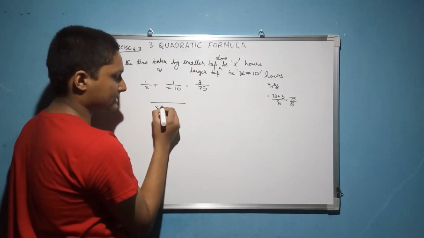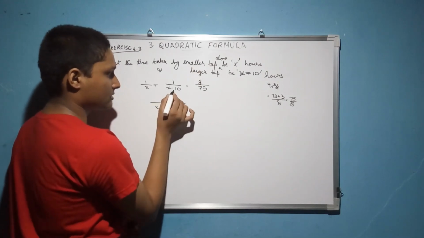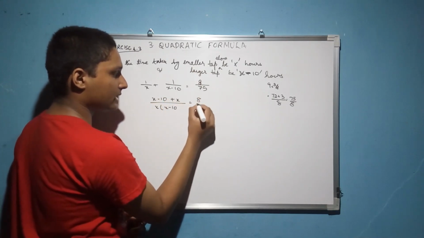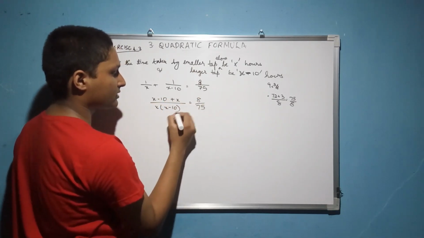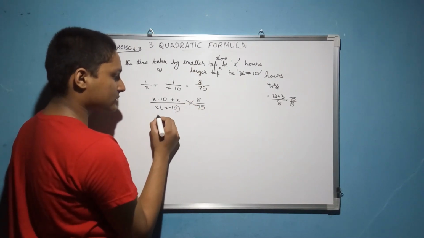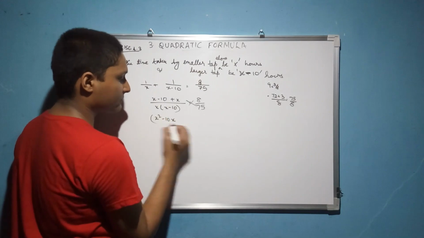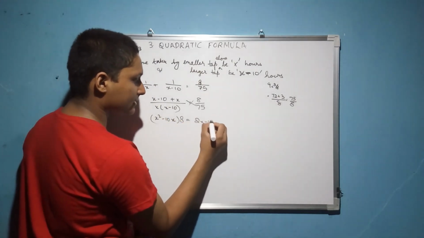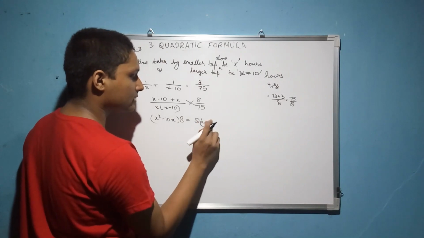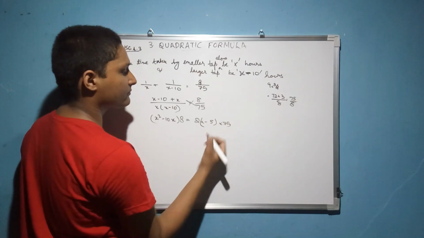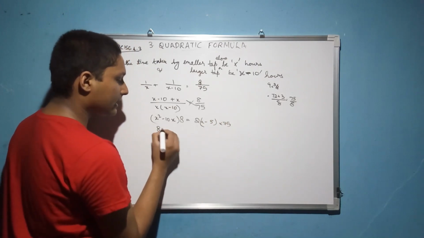So now we have x into x minus 10, then x minus 10 plus x, is equal to 8 by 75. Okay, so now just do cross multiplication. x square minus 10x into 8 is equal to 2x minus 10, or I can write 2 times x minus 5, into 75. Okay, next is 8x.